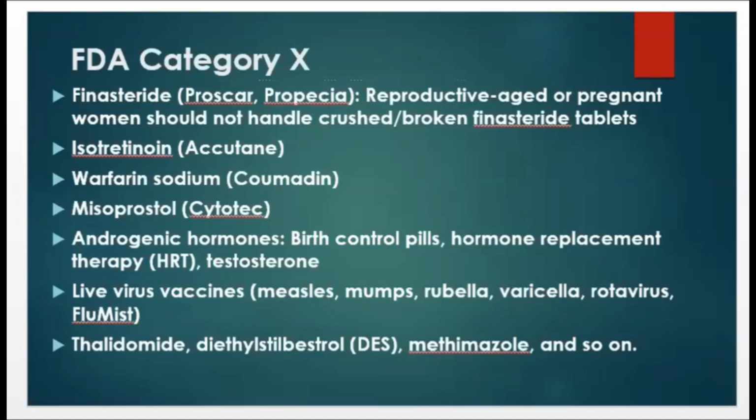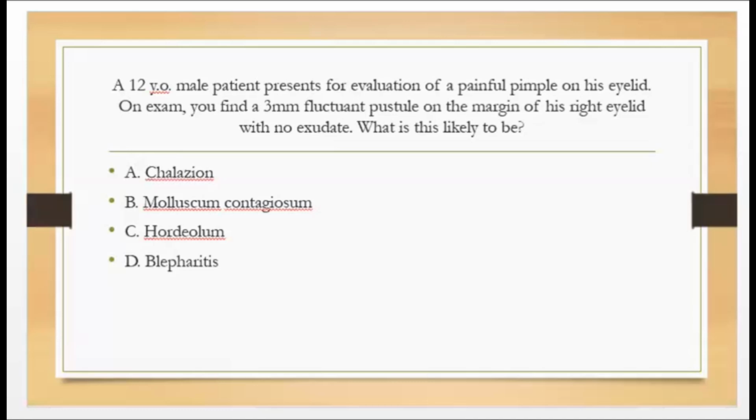If they ask you, you have a 12-year-old patient that presents for evaluation of a painful pimple. The buzzword here is painful pimple, painful. And another buzzword here is on the eyelid, on the eyelid.